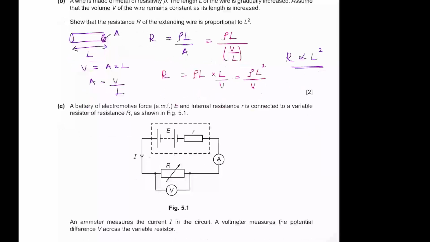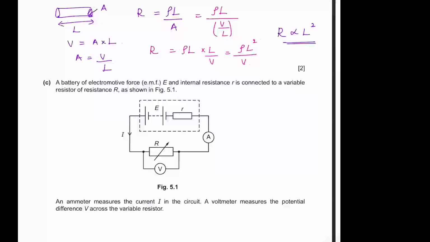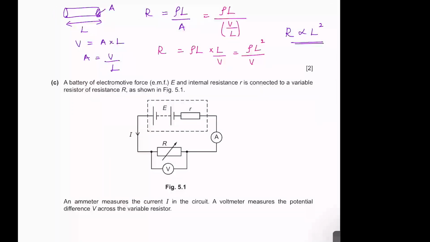Part C. A battery of EMF E and internal resistance small r is connected to a variable resistance capital R as shown in the figure. An ammeter measures the current I in the circuit. The voltmeter measures the potential difference V across the variable resistor.